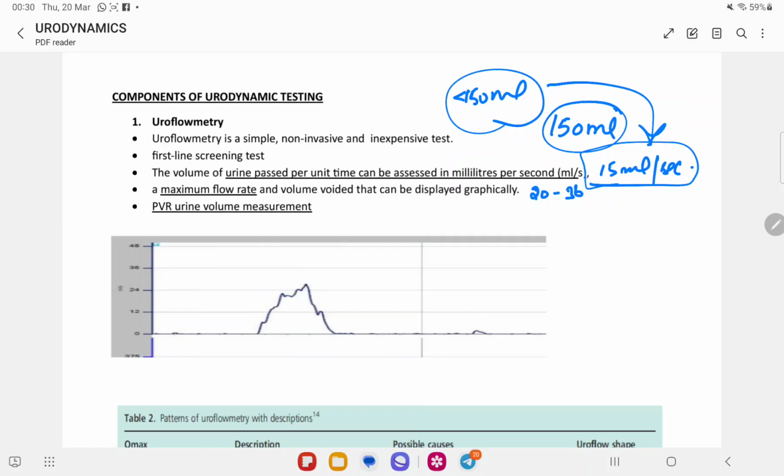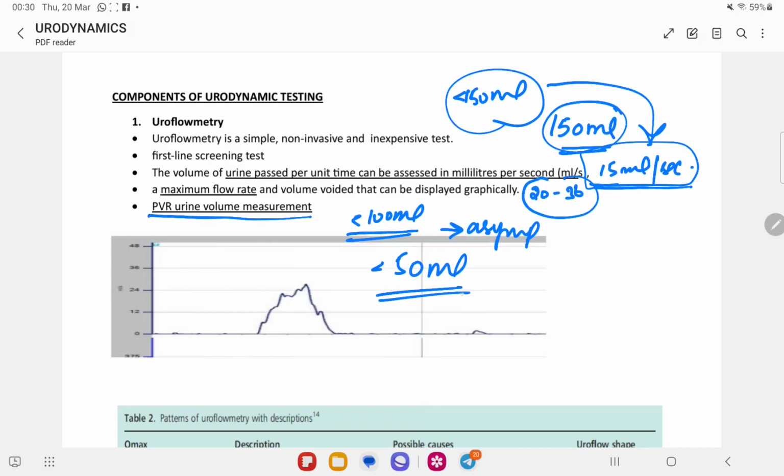Qmax is the maximum flow rate once the stream is established. Post-void residual volume less than 100 is okay if a patient is asymptomatic, otherwise less than 50 is taken as the target range.